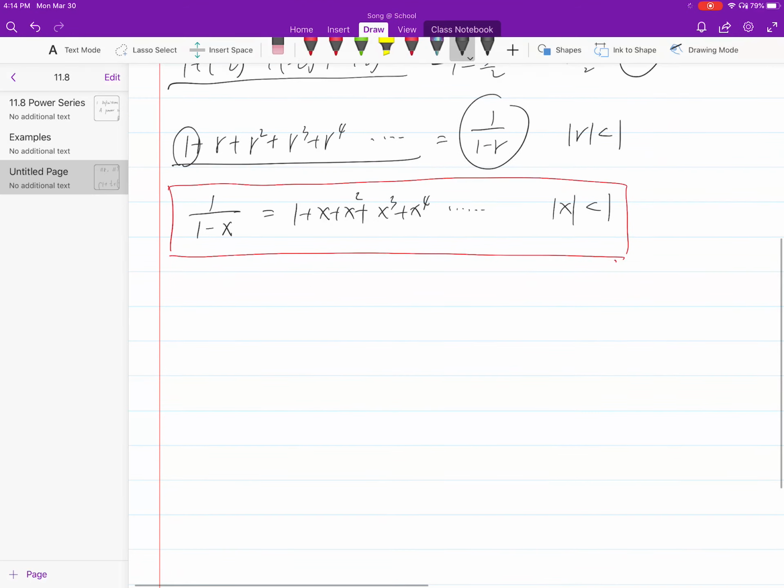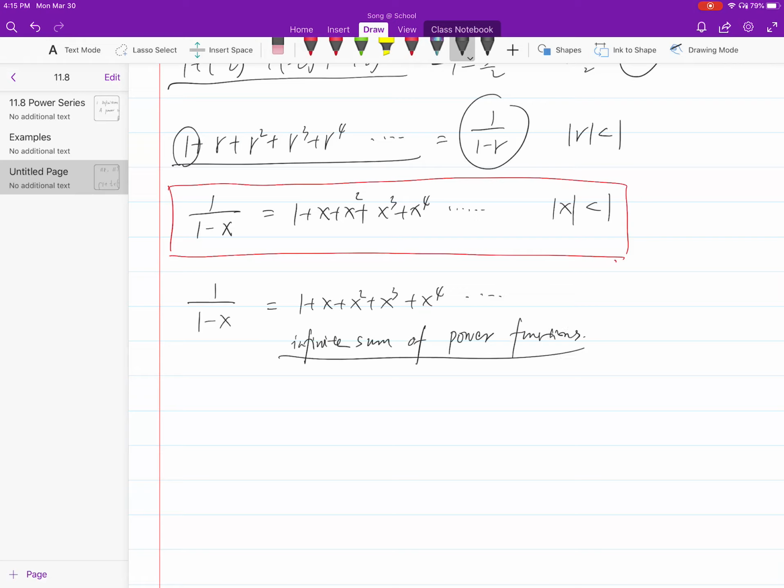And let's take a look. Number 1, we have a function. Number 2, we rewrite the function to be the same as the sum of a lot of terms, and each term is nothing but a power of x. So an infinite sum of power functions.